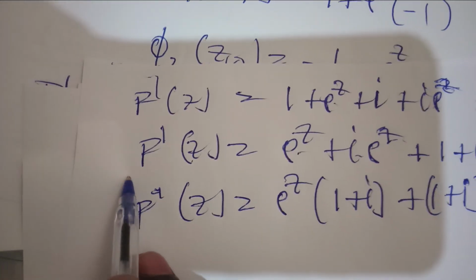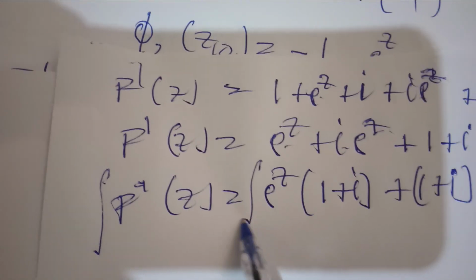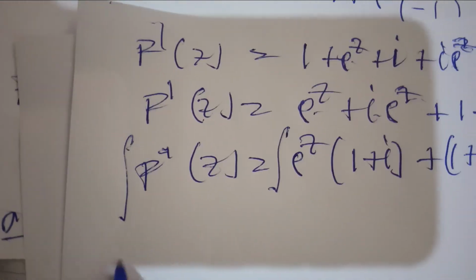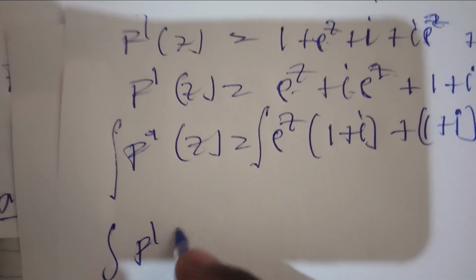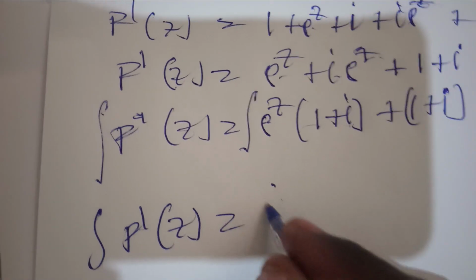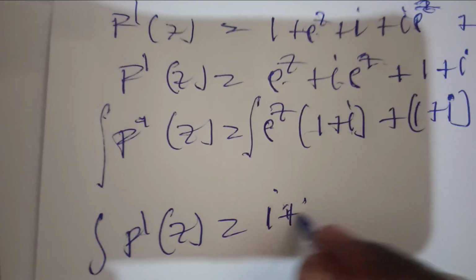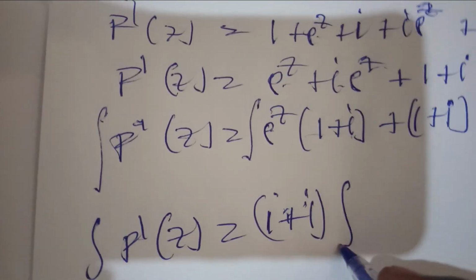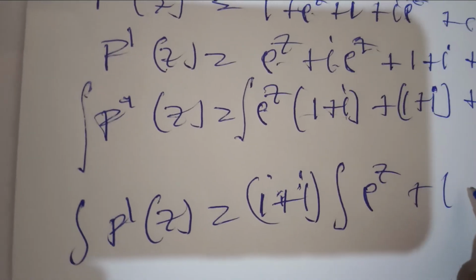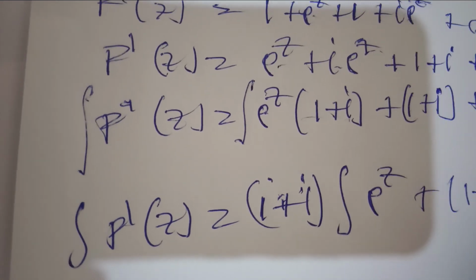So we can integrate both sides with respect to z. So we have the integral, we can factorize, which is 1 plus i, the integral of e to power z, plus here, even here we can say 1 plus i.